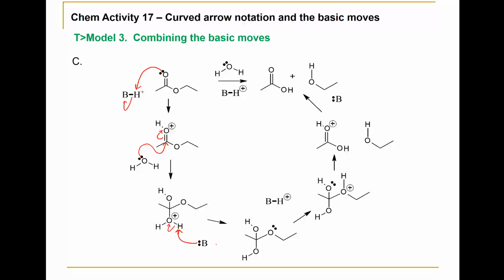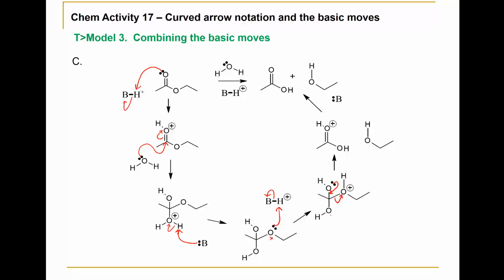The next step also involves a proton transfer. I just pay attention to the fact that this oxygen right here has picked up a proton. What happens next is leaving group leaving. It happens in this fashion. A pair of electrons come down here to form a new pi bond, and the carbon loses this alcohol group.